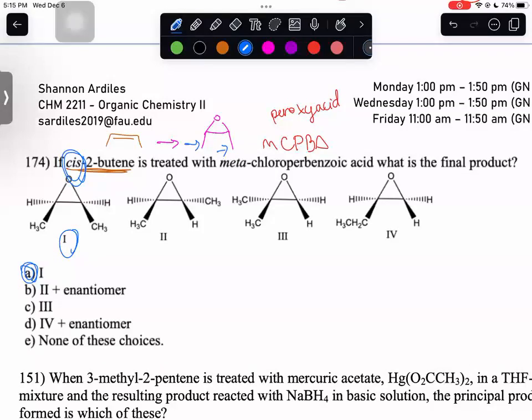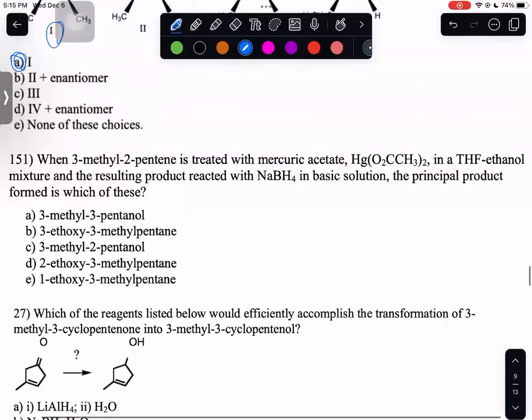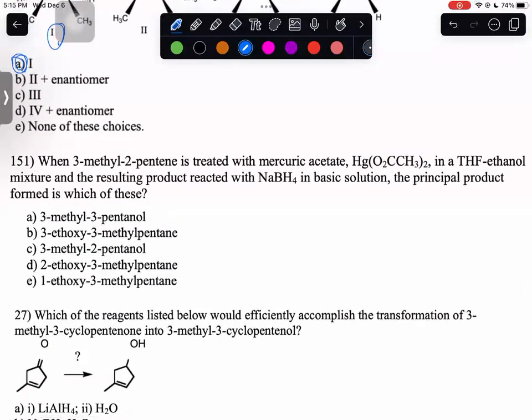Do we see it? Yeah. It was the same. Okay. Next one.